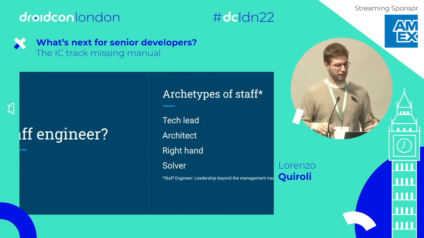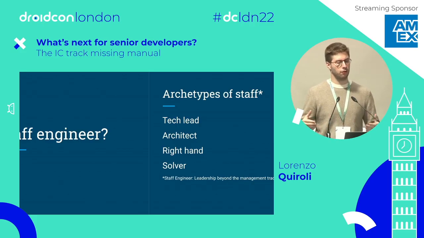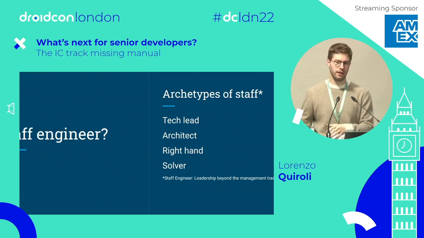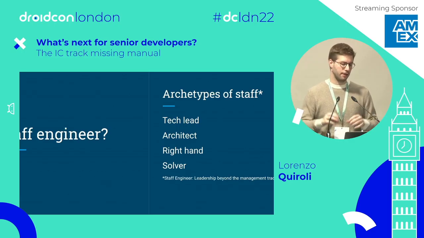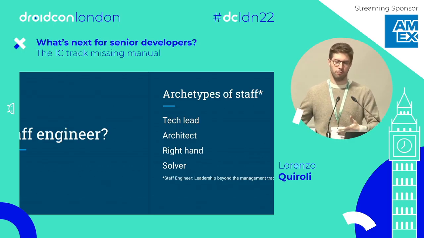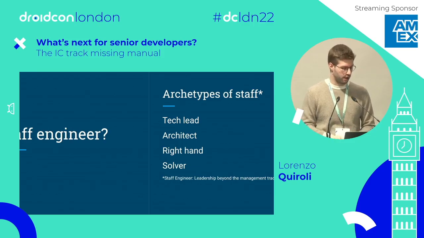The architect, which is more frequent, for example, in the backend space, is somebody who guarantees a specific domain's success. So for example, API design, you will have an architect that works with engineers, understands their needs, and architects in a way that the system can scale.